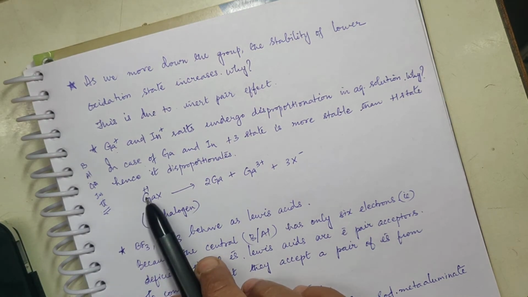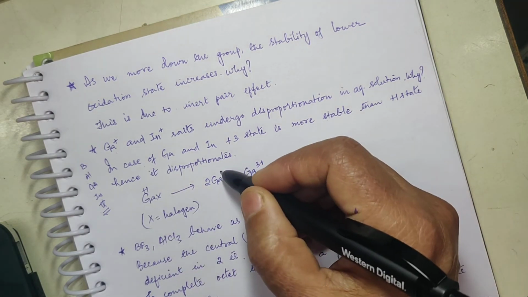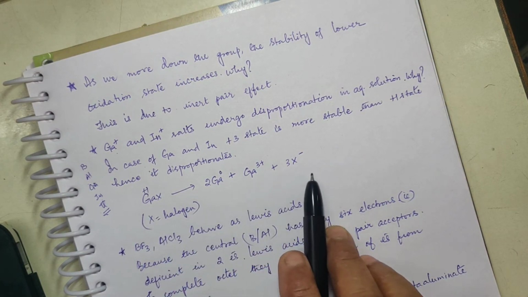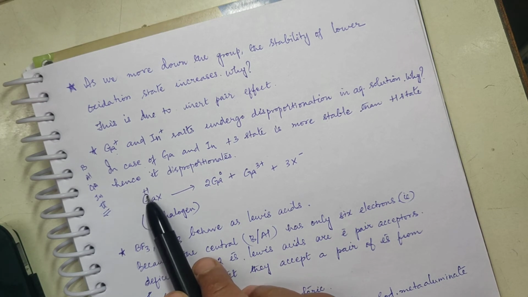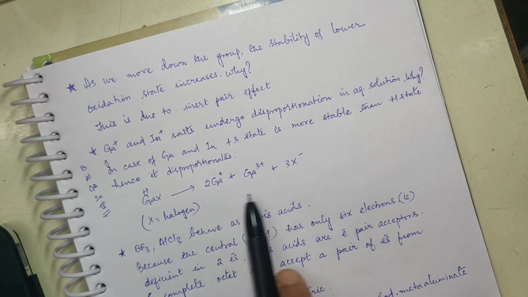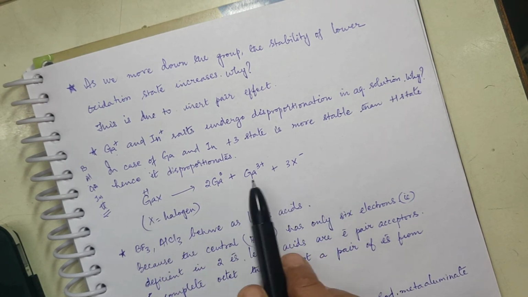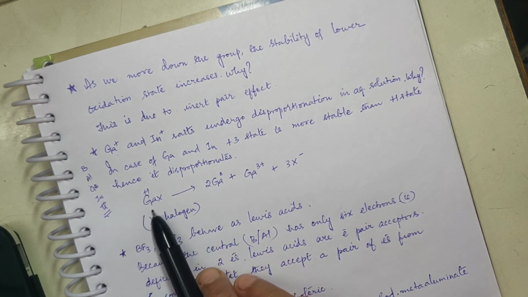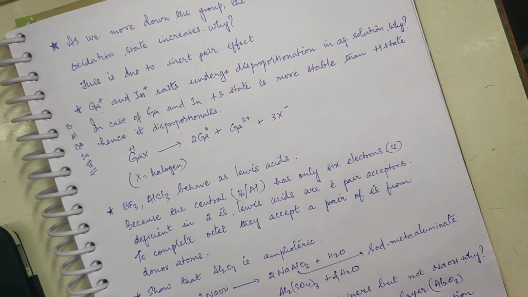So +1 is getting increased to +3 and +1 is getting reduced to 0. Such a reaction is called disproportionation. The same species, the oxidation state is increased as well as decreased. That is, there is both oxidation as well as reduction of the same species. This is disproportionation.